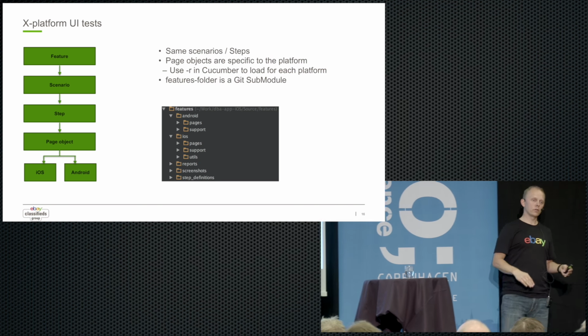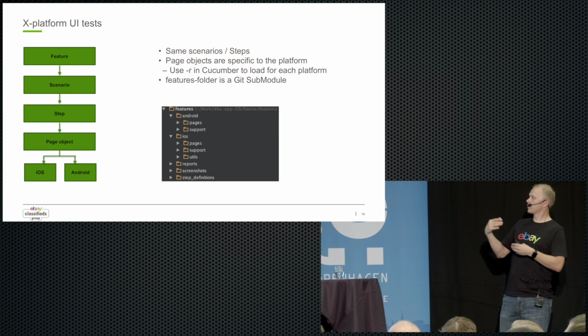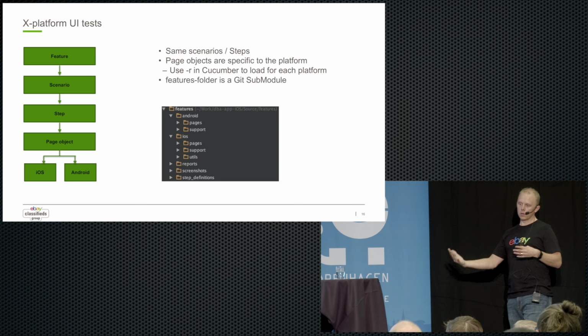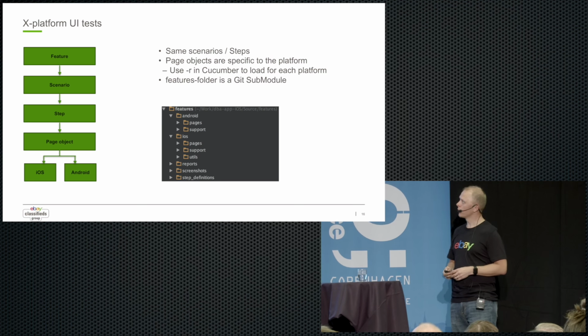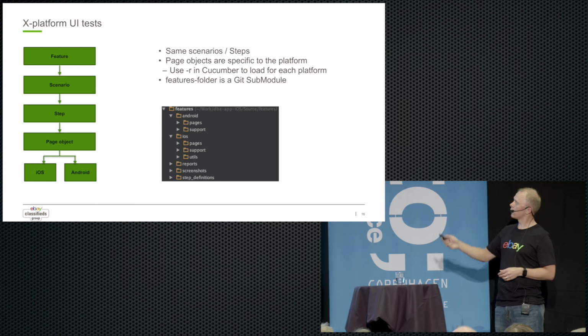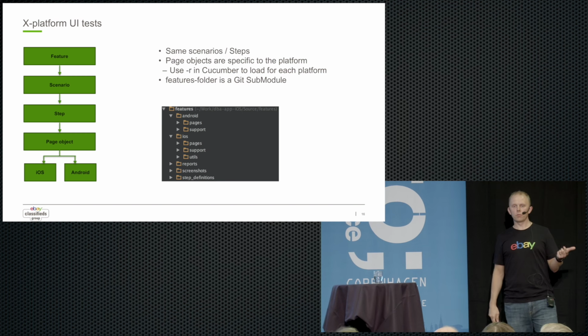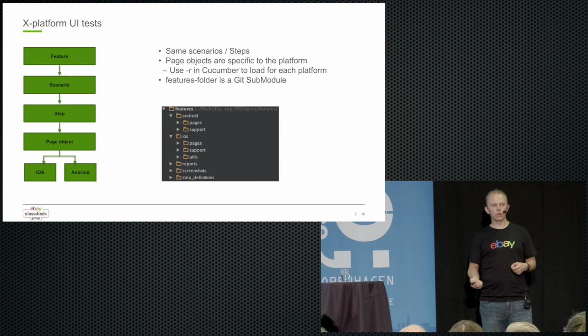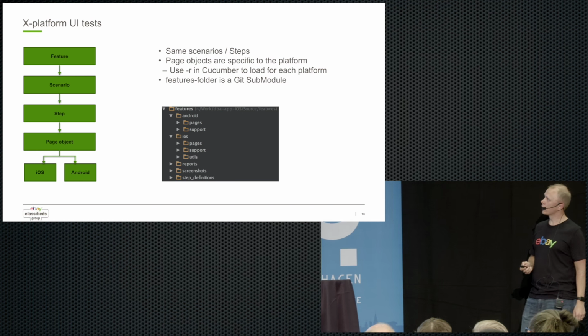And running on iOS, it should load the ones in the iOS folder. And then, of course, the page objects have to be implemented in both cases, answering to the same methods. This whole features folder that you see right here, we store in a Git submodule, so we can use it from within both our Android and iOS apps, sharing the same test code.